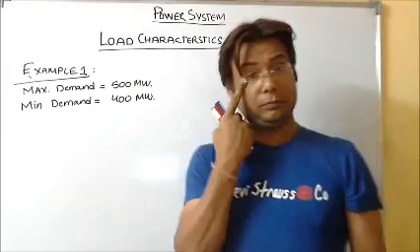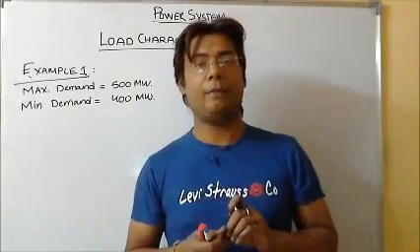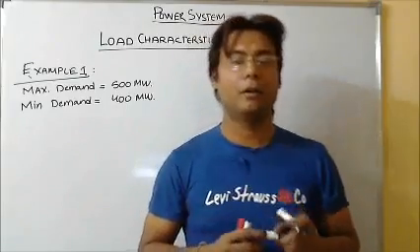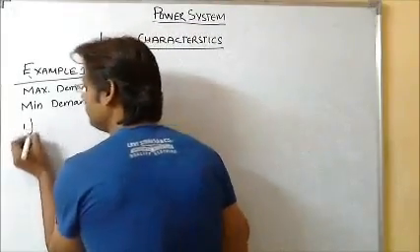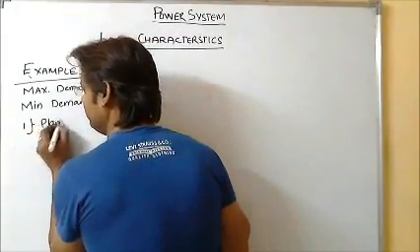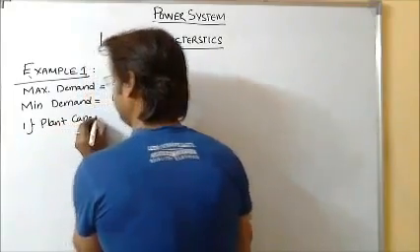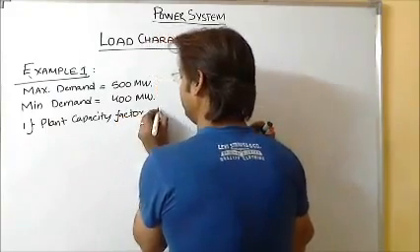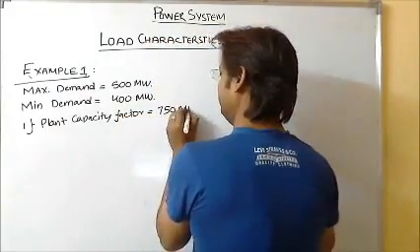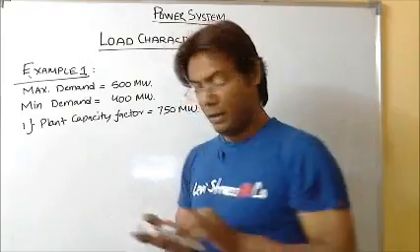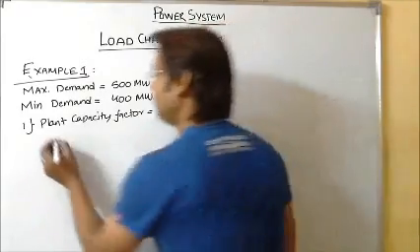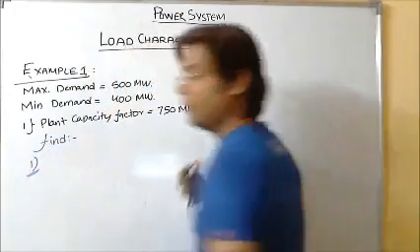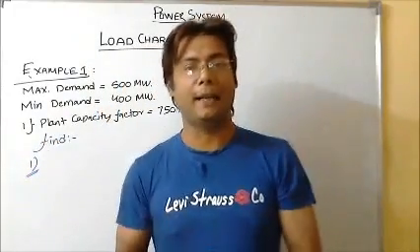So if the plant capacity is 750 megawatt, we have to find, first of all, the plant capacity factor.